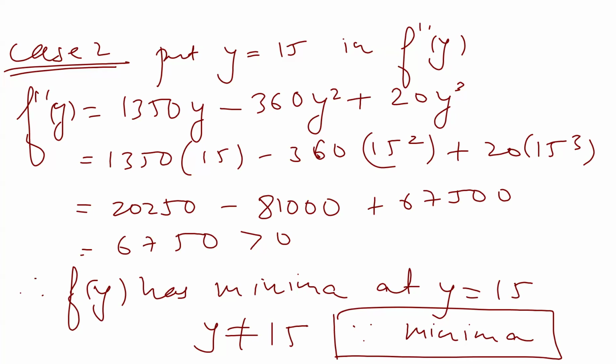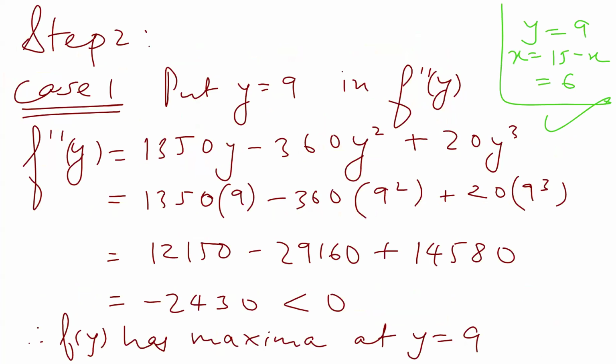X is equal to 15 minus y. So that way also case 2 doesn't work because the value of x cannot be 0. The product cannot be maximum. But it's okay if you want to give those reasons or the thing which I have written. Case 2 is discarded. Only case 1 is the answer. And as per case 1, the green colored part becomes the values of x and y.